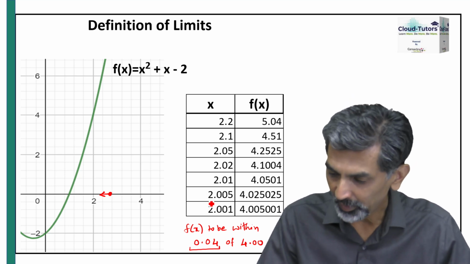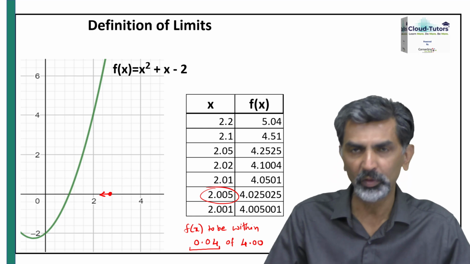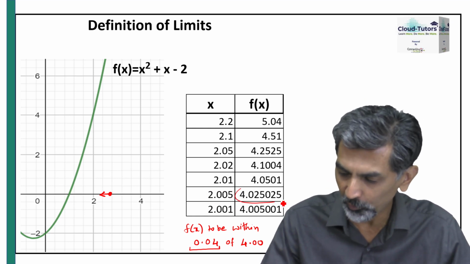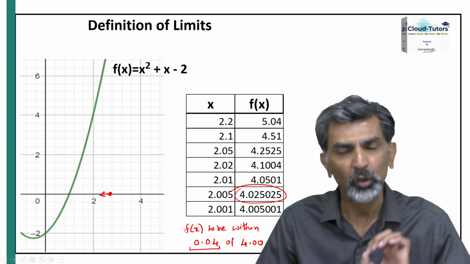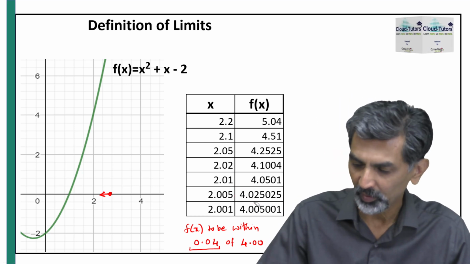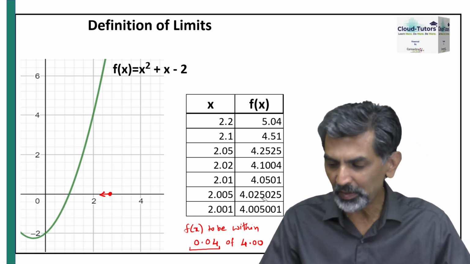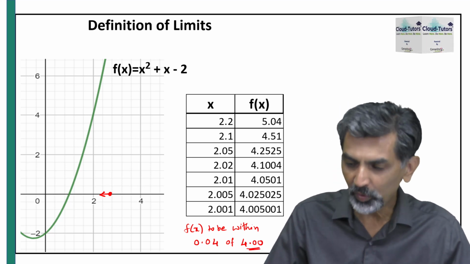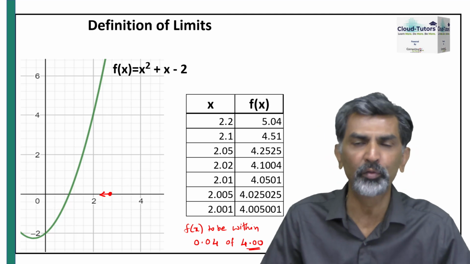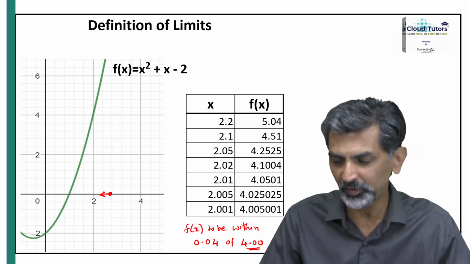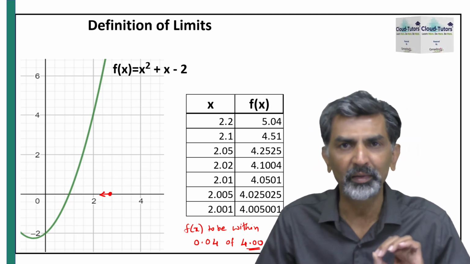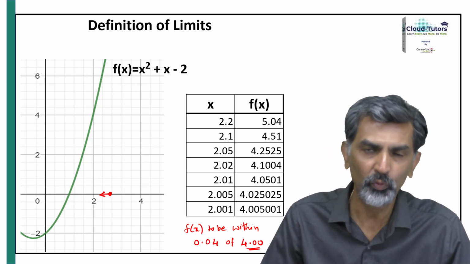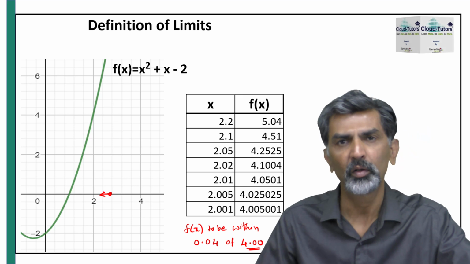Yes, there is a value of x here. We can see that there is a value of x which will ensure that the value of f of x is close enough to 4. So you can pick any value like that. You can find a corresponding value x such that your function gets to within that range of the fixed value 4. And that's the definition of limits.